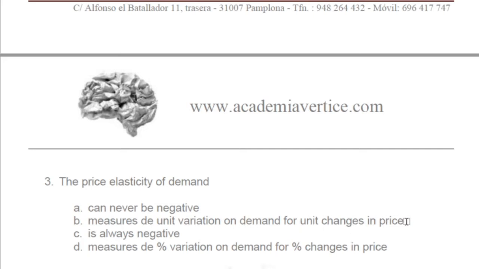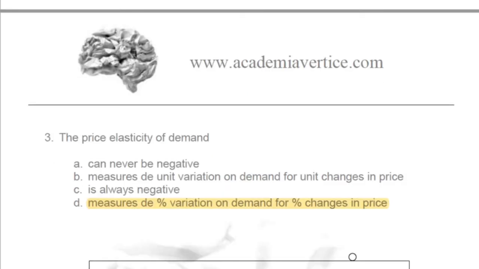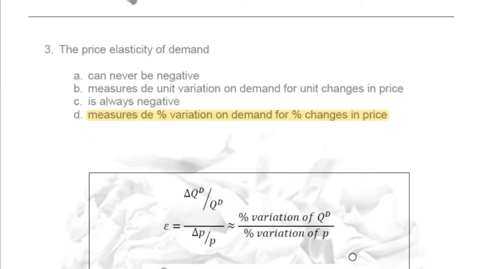The derivative of the quantity demanded with respect to P is almost always negative, but not always. There exist some strange goods or situations, like Giffen goods: the higher the price, the more we consume. So the true one is D: the percentage variation in demand when the change in price is written as a percentage also.